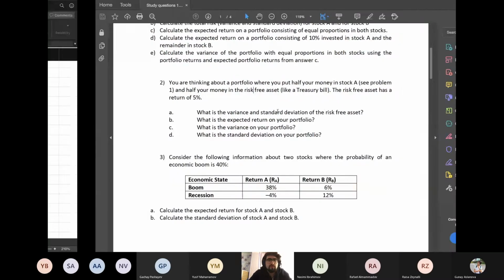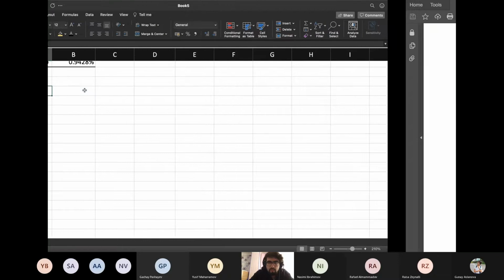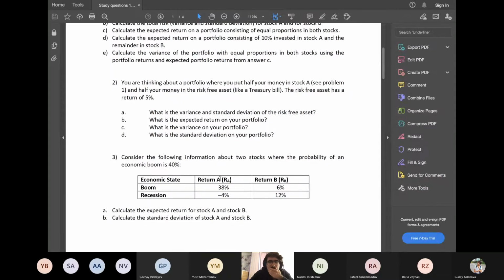Okay, then let's switch to question 3. Economic state, return A, return B, 2 stocks.